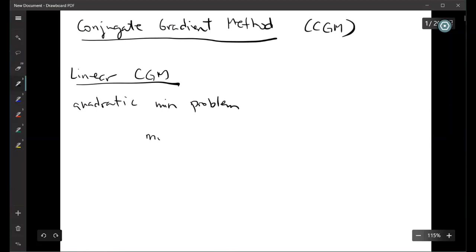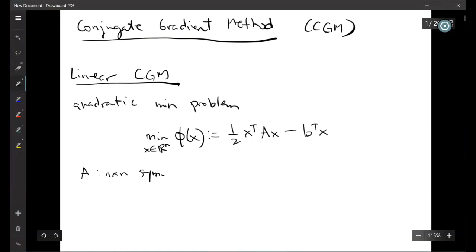That's minimizing P of x, which we define as a quadratic function given by this one, where x is in Rn, and A is an n by n symmetric and positive definite matrix, and b is a vector in Rn.